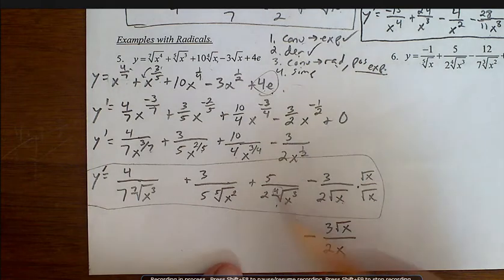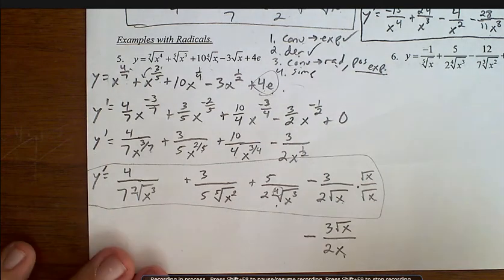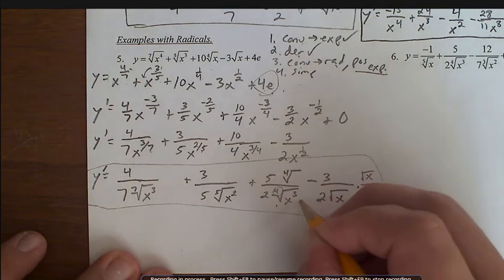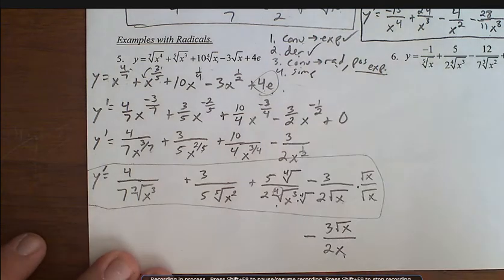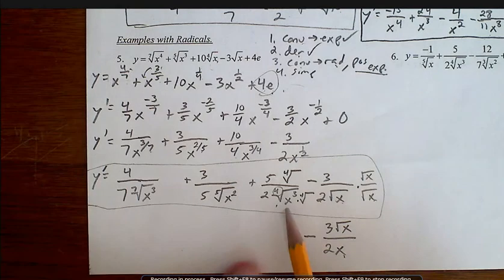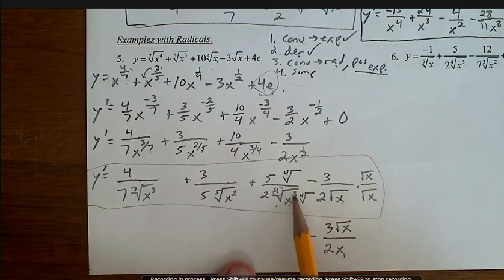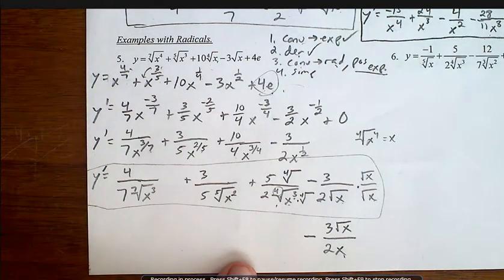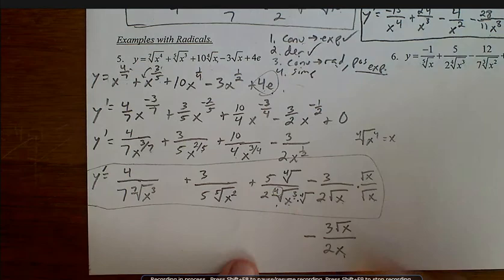So since I have 3 x's here, I need one more x to make 4. I'll put one more x in there. So by multiplying top and bottom by the 4th root of x, I have 5 4th roots of x over 2, and the 4th root of x cubed times the 4th root of x is just going to be x.